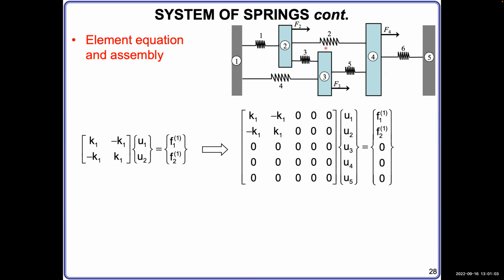Now you should be very familiar with the different components and their properties. Here is a wall and a movable rigid body, springs, external force, right? And also the notation we use to denote the node and the element. So you need to be very familiar with those concepts.